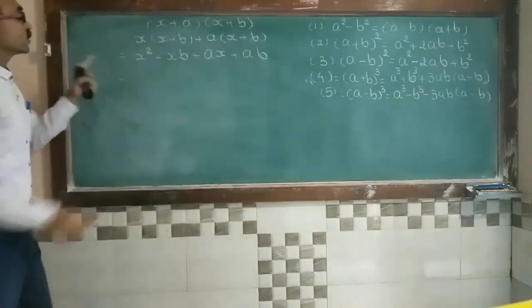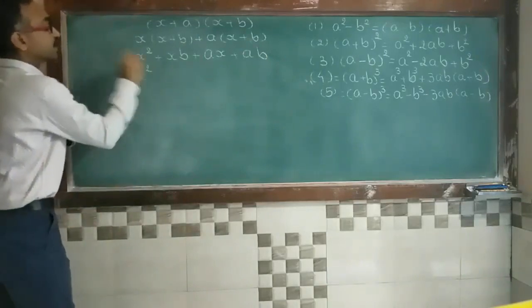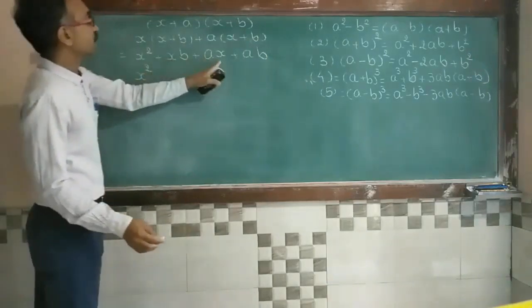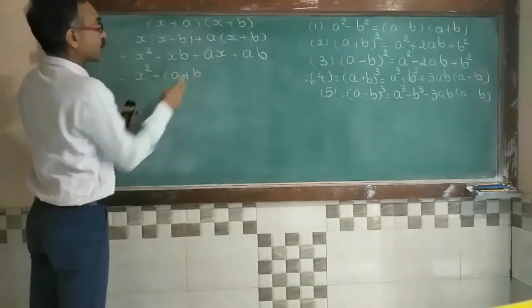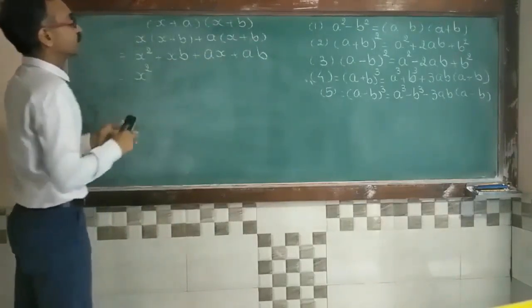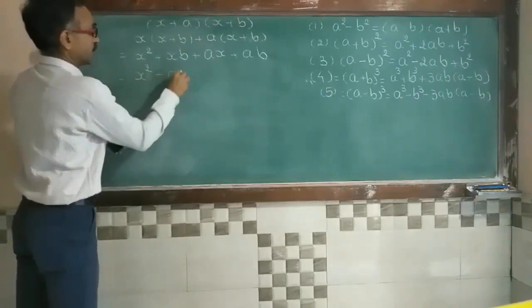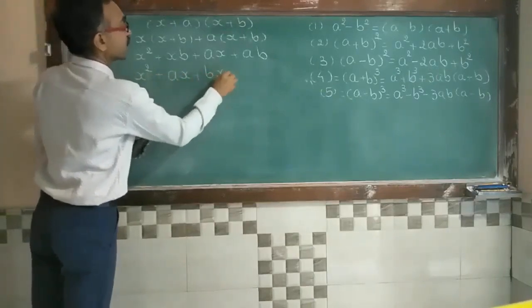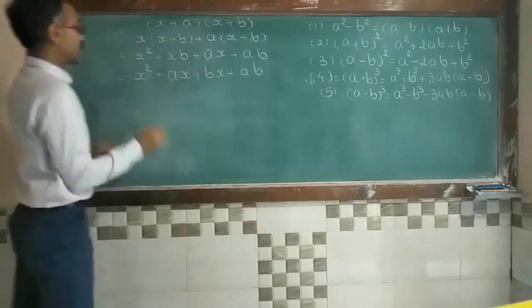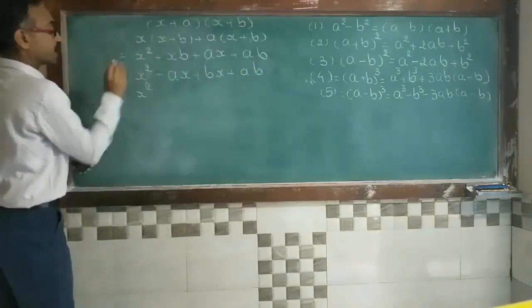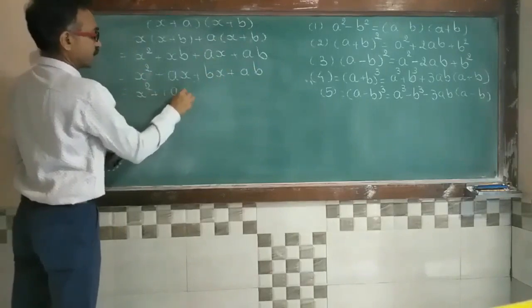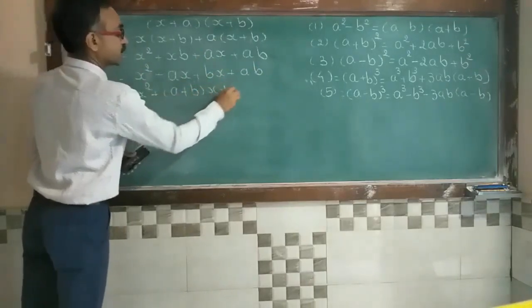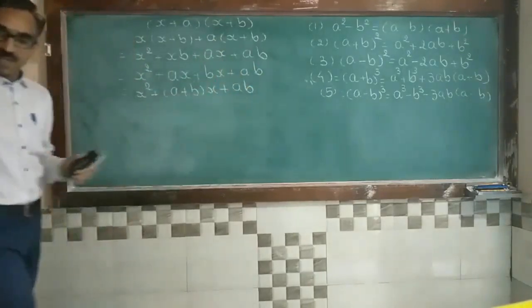Okay, so see here x square, if we common out x, the answer is (a plus b), or you can arrange the terms ax plus bx plus a. So x square plus common out x, so (a plus b) into x plus a.